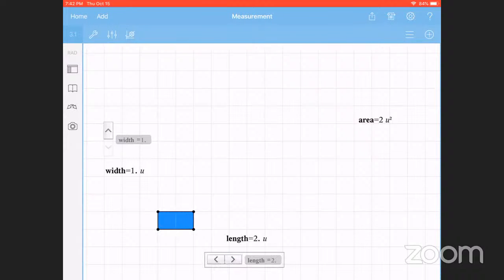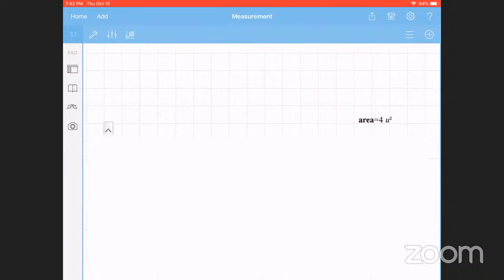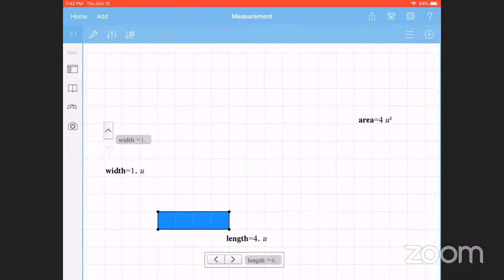If I add length, what is that doing to the area? Oh, do that again. When you change the length by 1, it's only changing the area by 1, but 1 square unit.